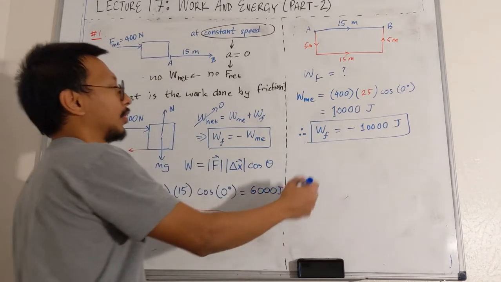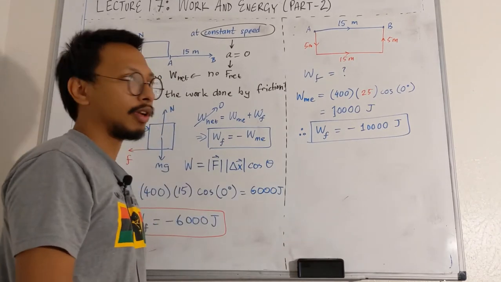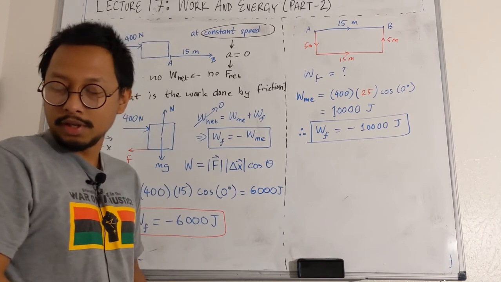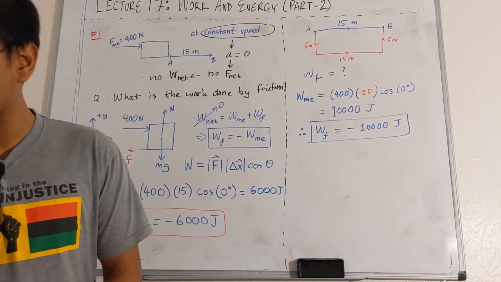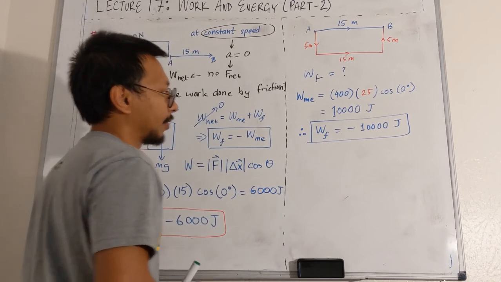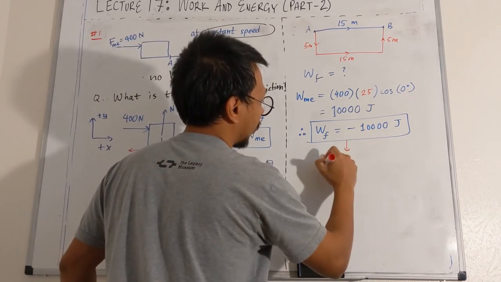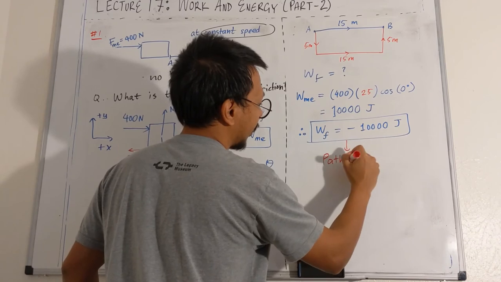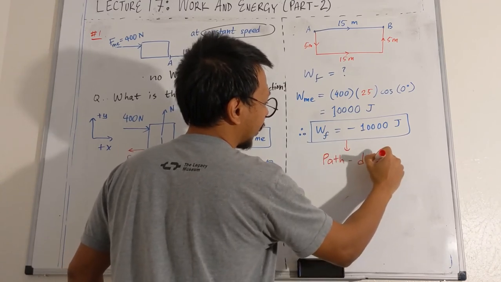Alright, so this shows us that the property of forces like friction is that they are path dependent. Forces such as friction are path dependent.